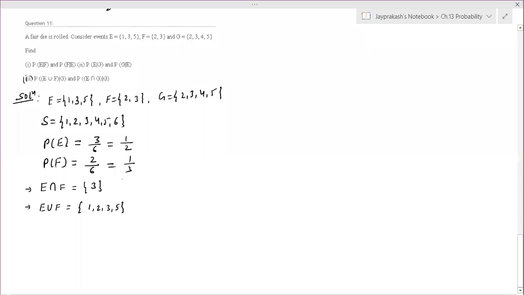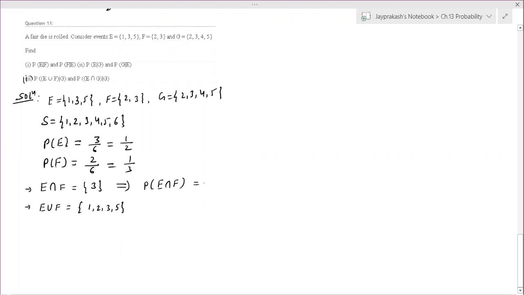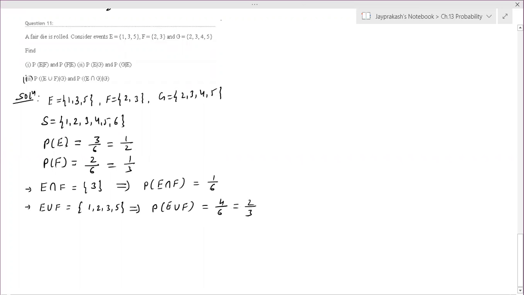Now suppose you want to find the probability of E intersection F. We can write P of E intersection F is equal to one number out of 6. Similarly, if you need to find P of E union F, it contains 4 numbers out of 6, so it's 2 by 3.